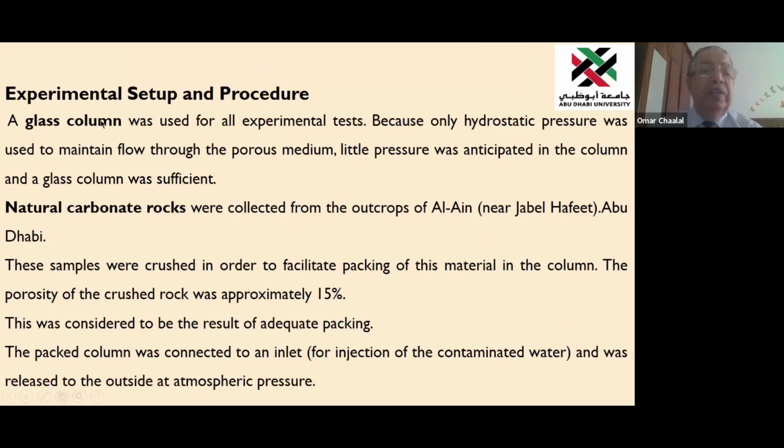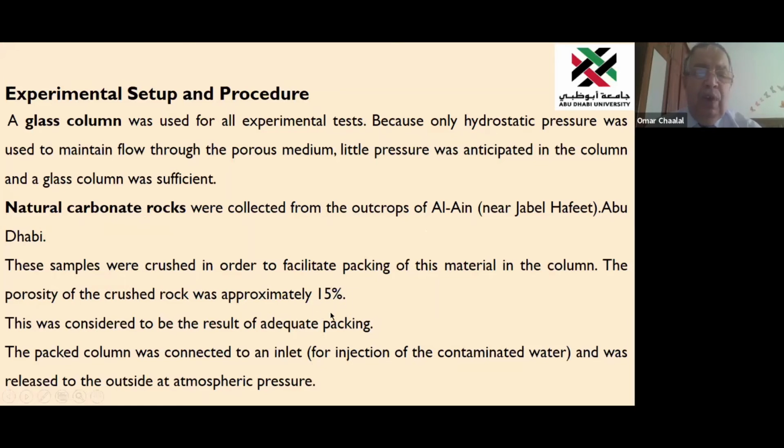Experimental work. We have a glass column here, and we use only hydrostatic pressure. We don't apply pressure. And we have natural carbonate rock that we collected from Al Ain, which is a town in UAE, near Abu Dhabi. We crush this carbonate and make it small, and it is 15% crushed.